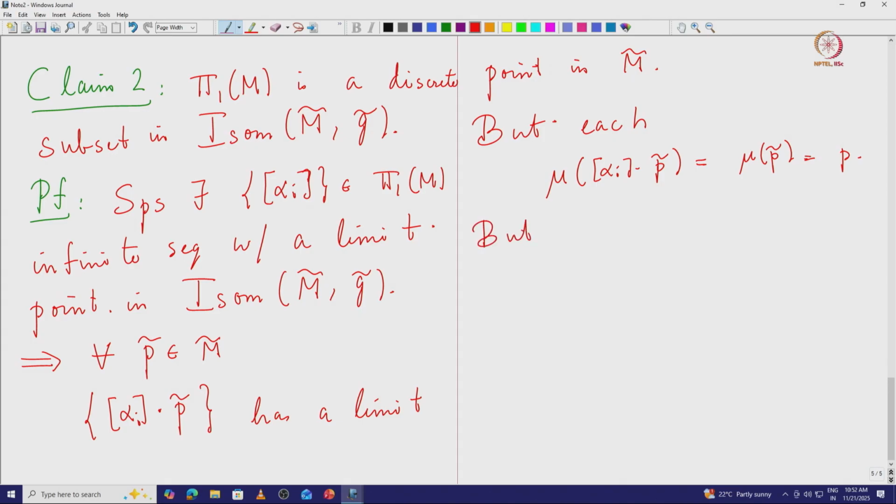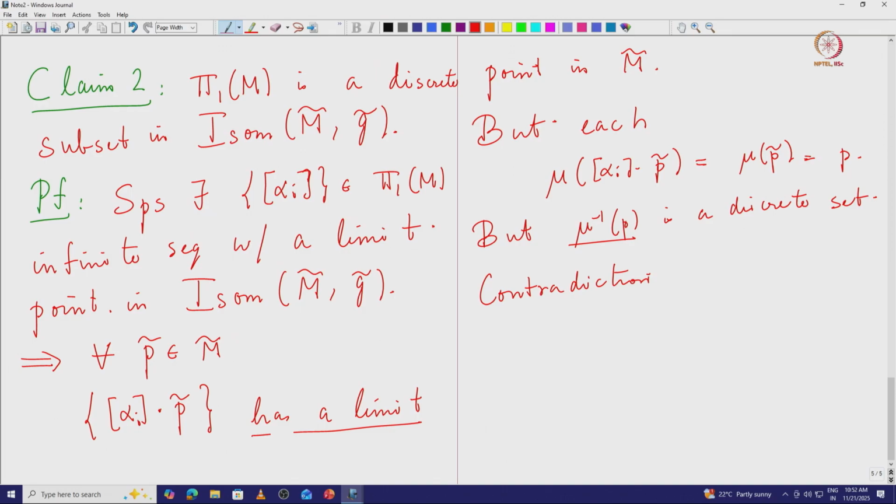But we have already seen that the inverse image of p is a discrete set, so it cannot have a limit point. This is a comment that I made right after the definition of covering spaces. Because of the local diffeomorphism property, it follows easily that this is a discrete set, but that's a contradiction, because we are saying there's a limit point in that set, but that set ought to be discrete.